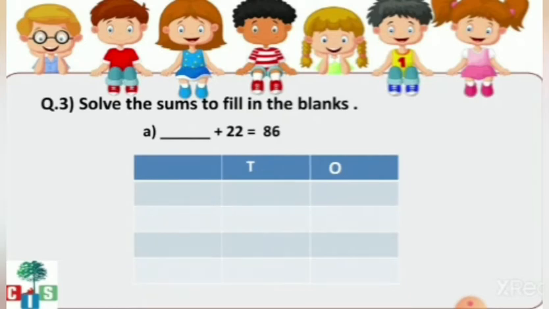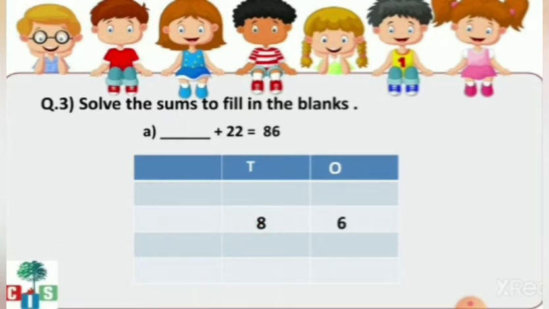So let's start. We will write the bigger number. So which is the bigger number among these two? That's correct. 86. So 8 in tens column, 6 in ones column. Then the number is 22.